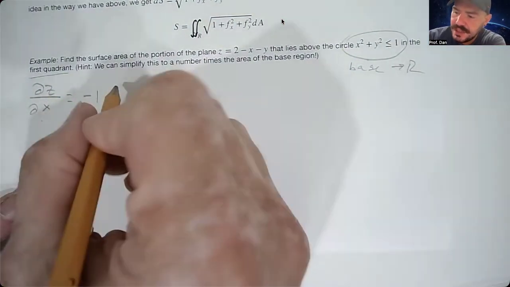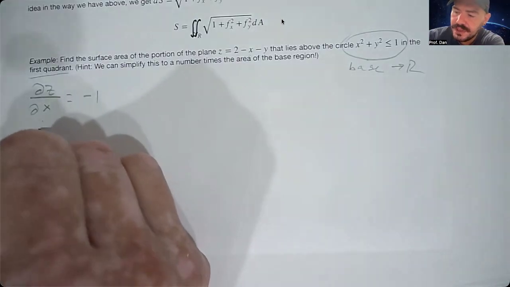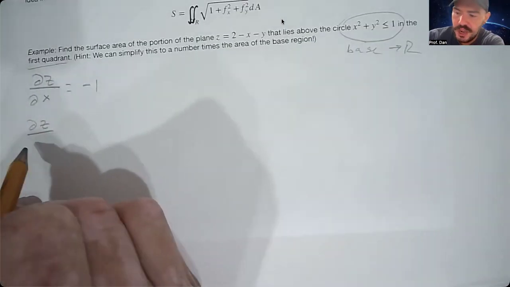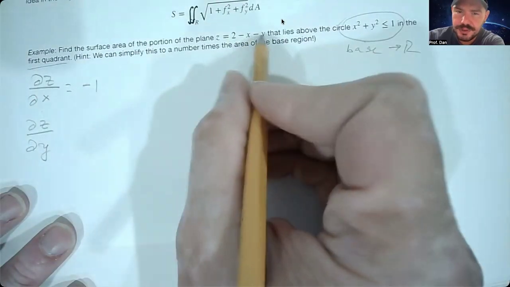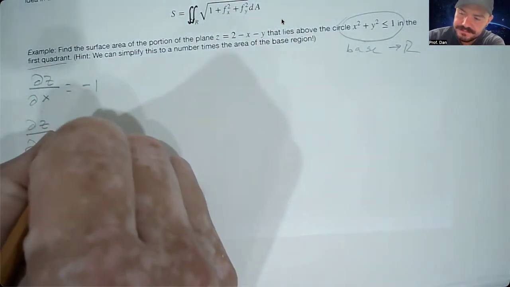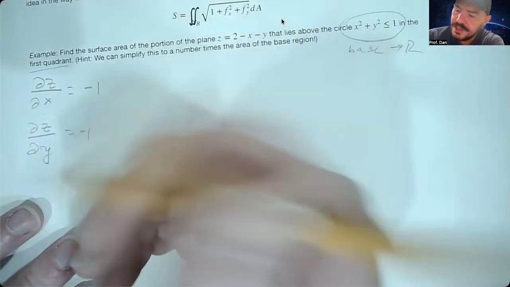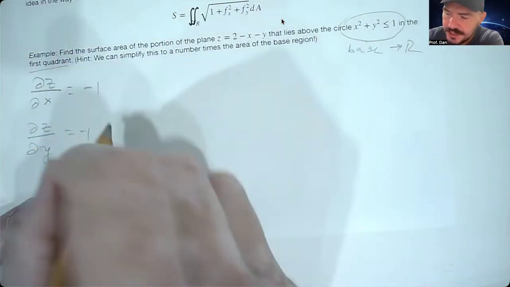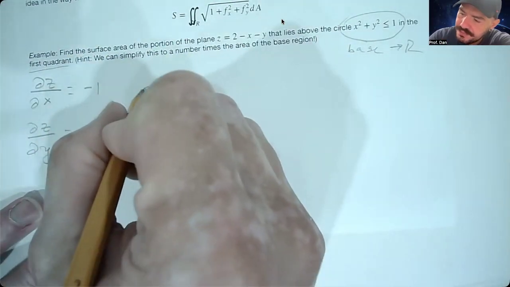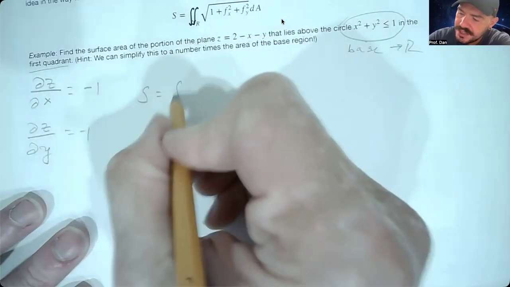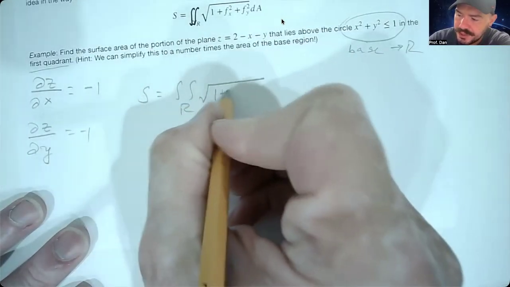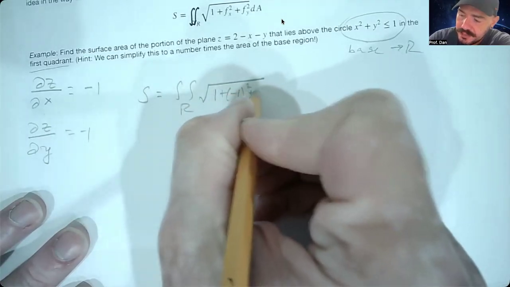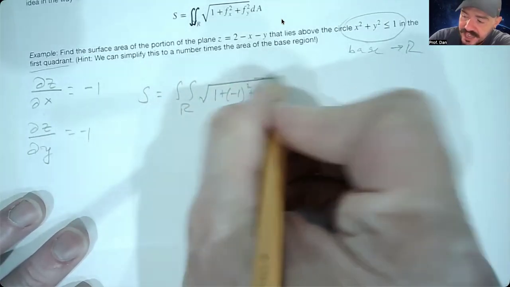Then I'm going to take the partial derivative of z with respect to y. 0, 0, -1. So in this case, what ends up happening is our surface area is the double integral over the region R of the square root of 1 plus -1 squared plus -1 squared dA.